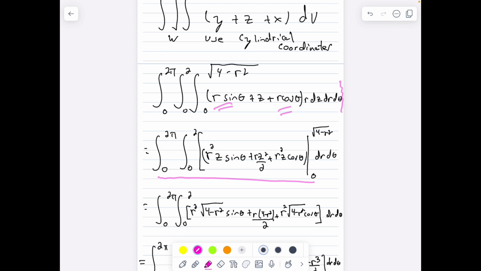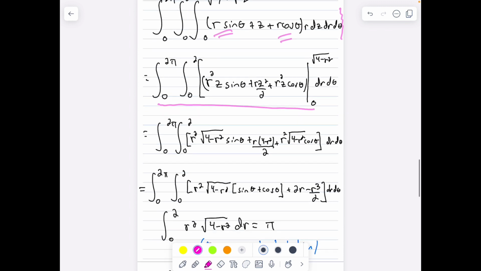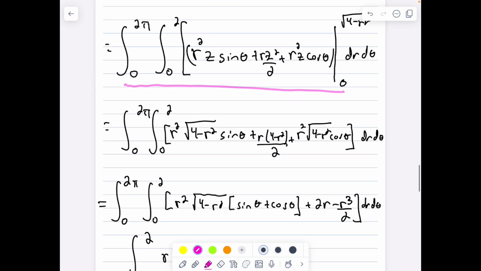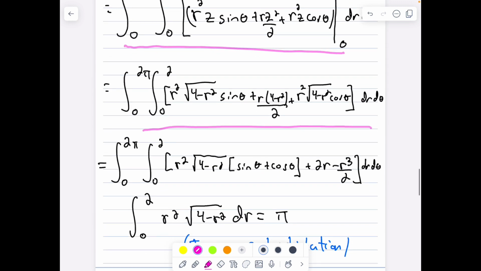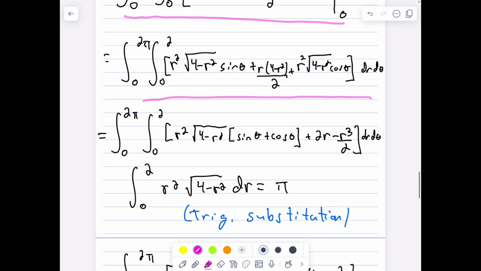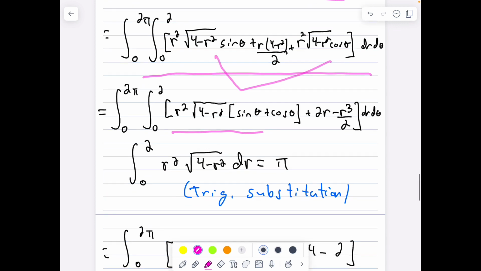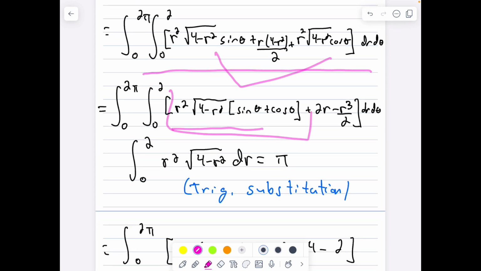Then I integrated with respect to z first and plugged my limits in, and we're at this point now. And one more thing, I put the two terms here and here together to give you what you see here.